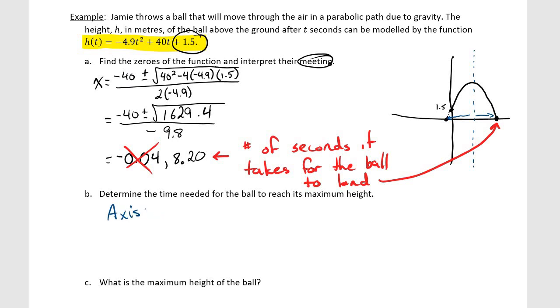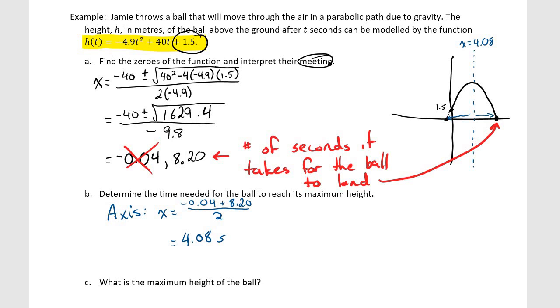The axis of symmetry is negative 0.04 plus 8.20 divided by 2, which gives us 4.08 seconds. So this is x equals 4.08.